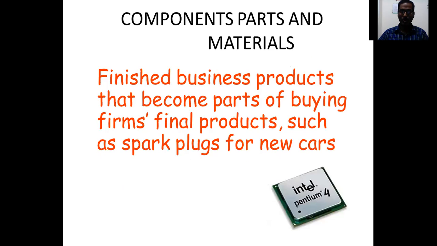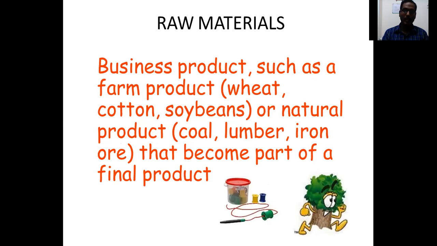And then we move on to components, parts, and materials. Finished business products that become parts of a buying firm's final products, such as spark plugs for new cars, and the processor for a laptop or computer. So these are the component parts. And then raw materials: business products such as farm products like wheat, cotton, soya beans, or natural products like coal, lumber, iron ore, that become part of the final product.